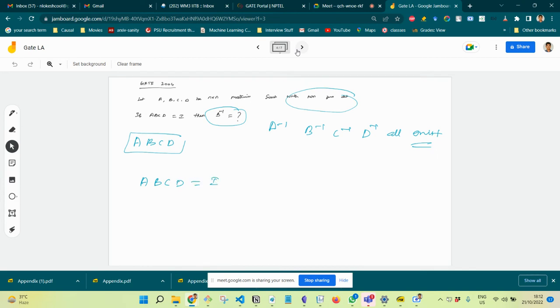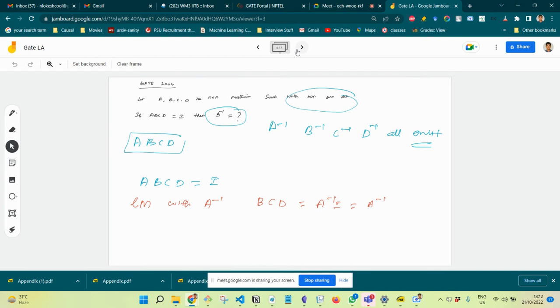First thing I should do is keep B on one side and the remaining terms on the other side. Let's see how to obtain that. First, I will left multiply with A inverse. Once I do that, I get BCD equals A inverse I equals A inverse.